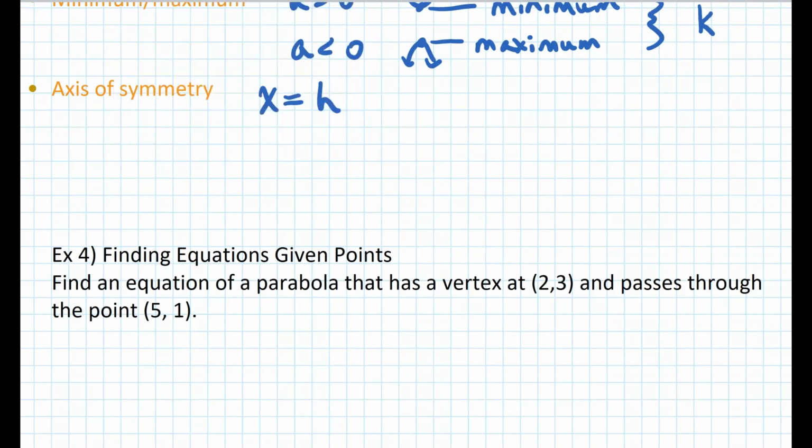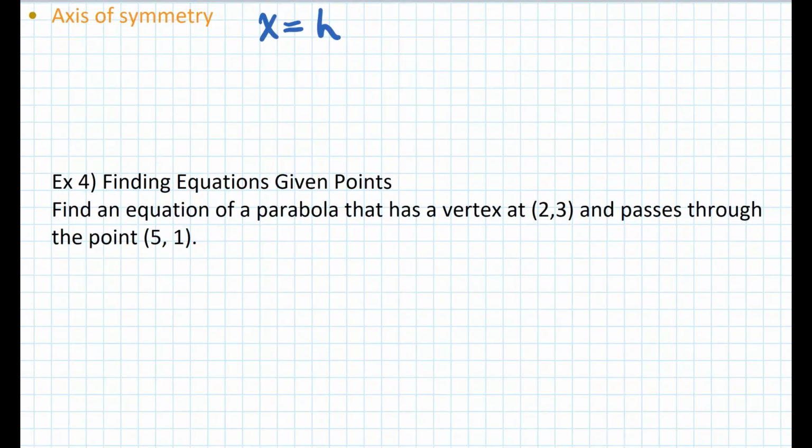It's telling us to find the equation of the parabola that has a vertex of 2, 3, and then passes through the point 5, 1. Now, since it gave us the vertex, the place we would want to start is the vertex form of the parabola.